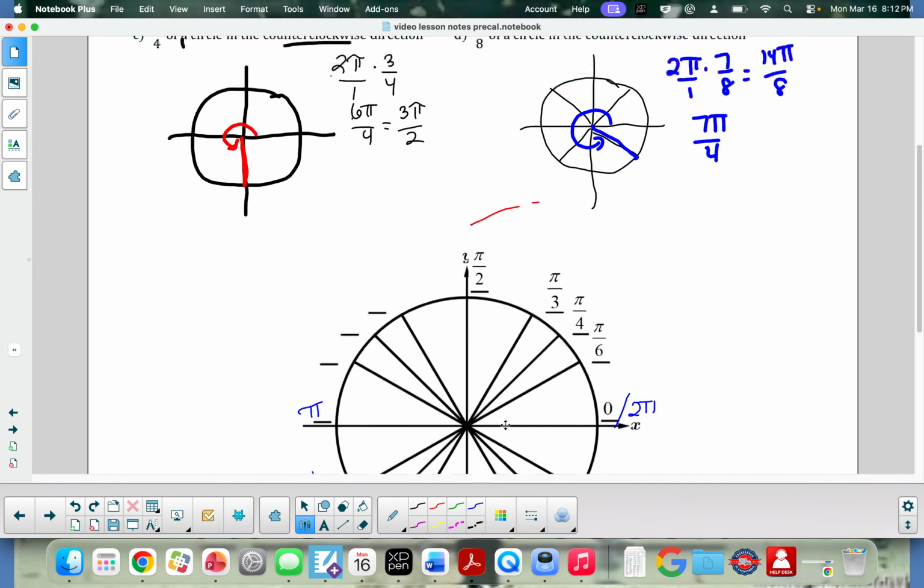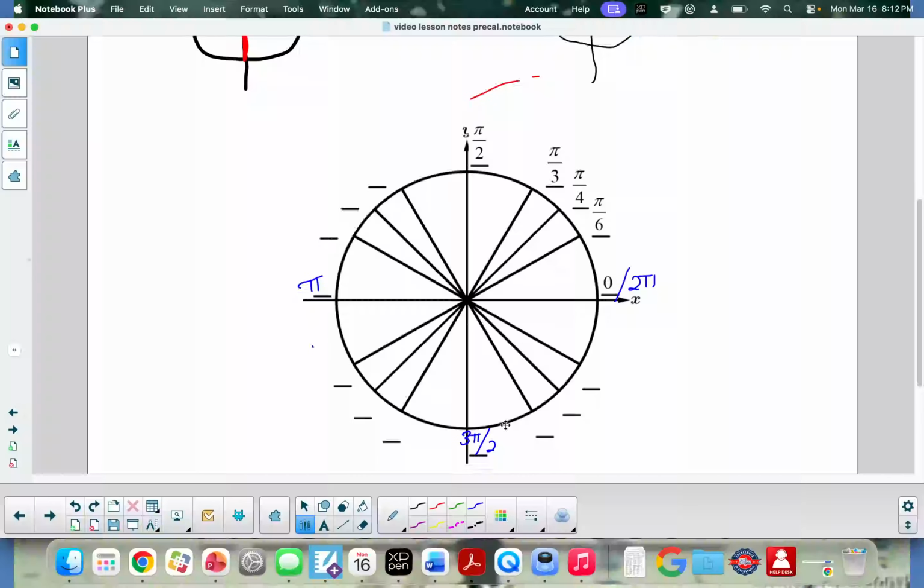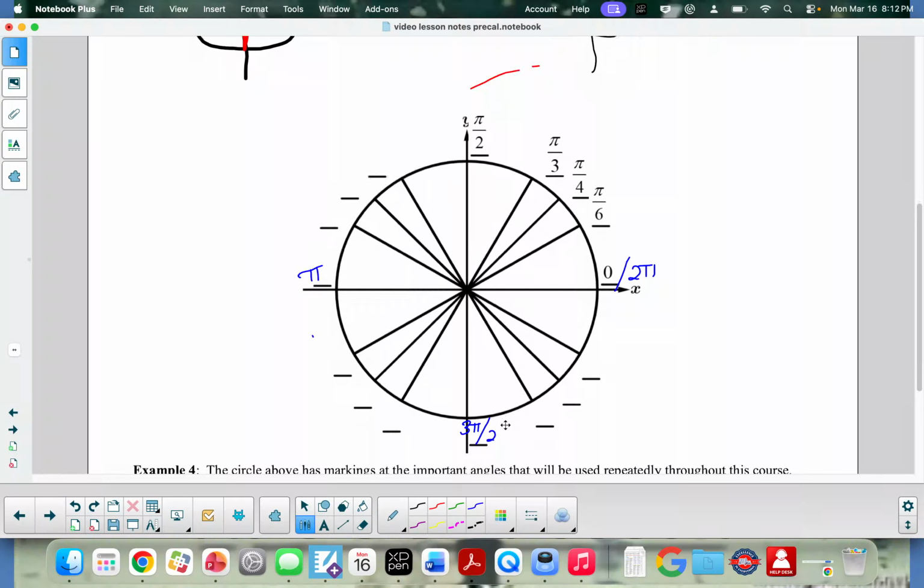Okay. Again, there's a couple of ways that I do this. And again, since it's 2 pi, if we only look at these inside values, right? Just those right there. And by the way, that would also include these. Basically, I would be cutting my circle into 8 equal pieces, right?